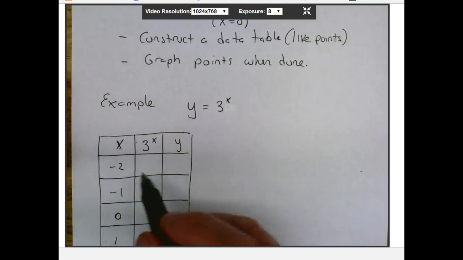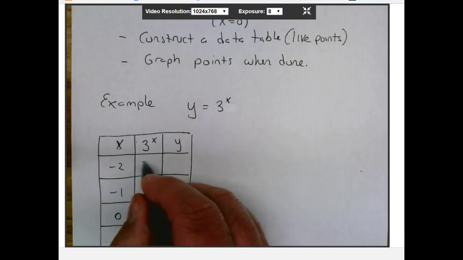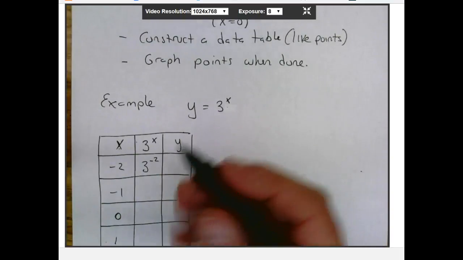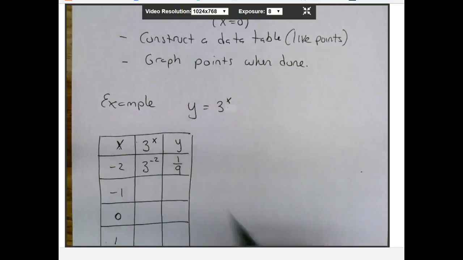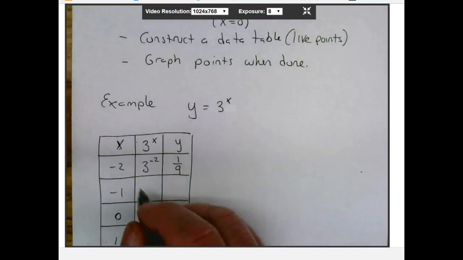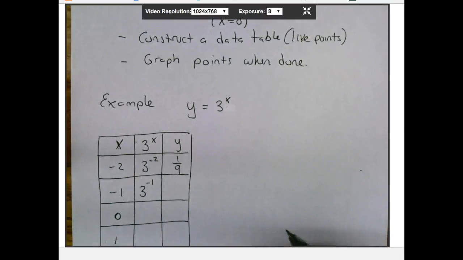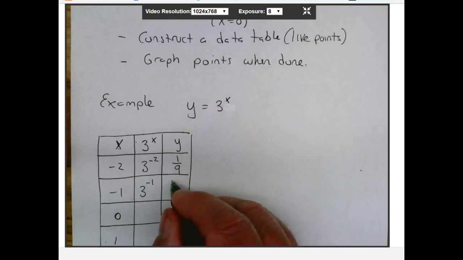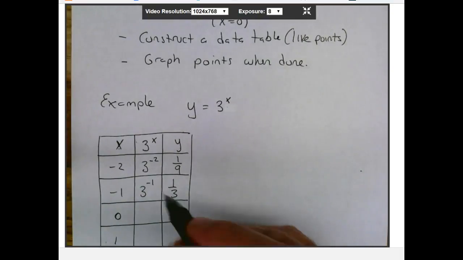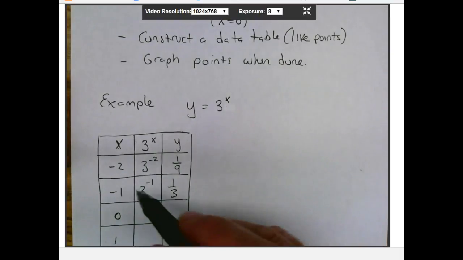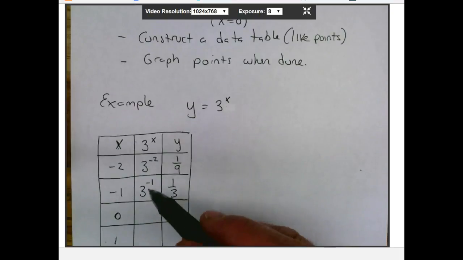Here we plug in -2 for x, so that'd be 3 to the -2 power, or 1 over 3 squared, which gives us 1/9. That's our first one. Then the next one, 3 to the -1st, is 1/3. When it's 3 to the -1, we invert it, and we have 1 over 3 to whatever power that is. And here it's 1.